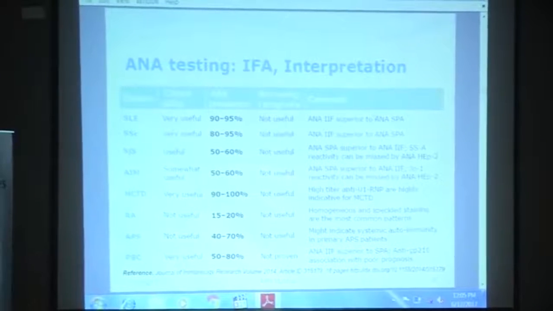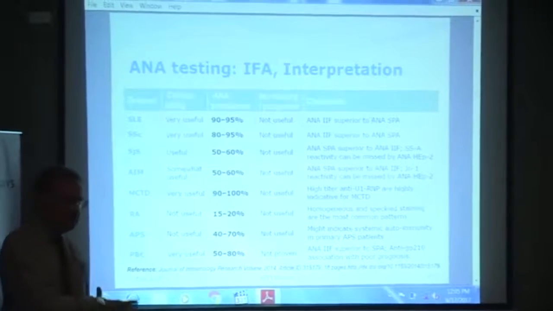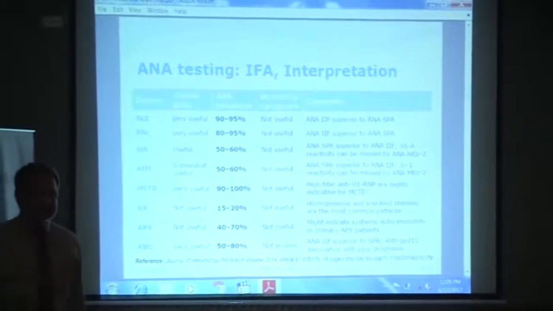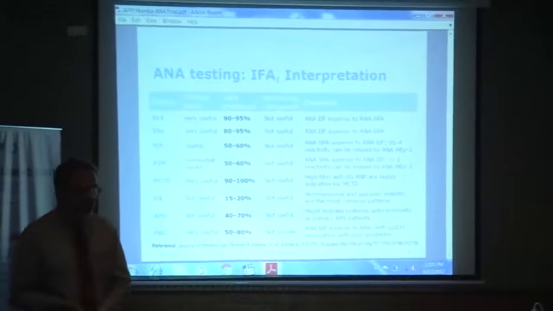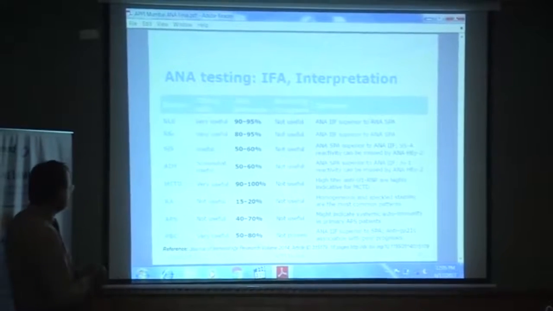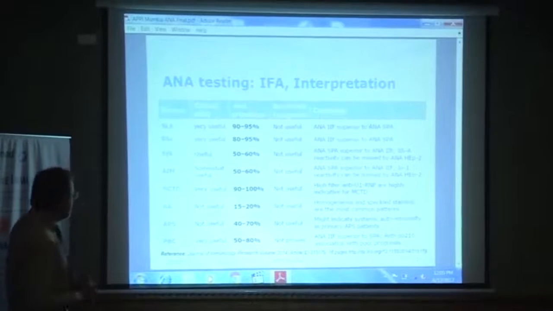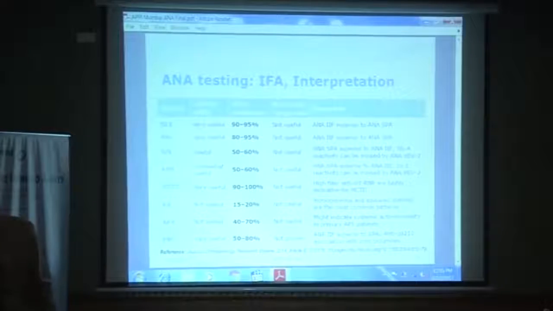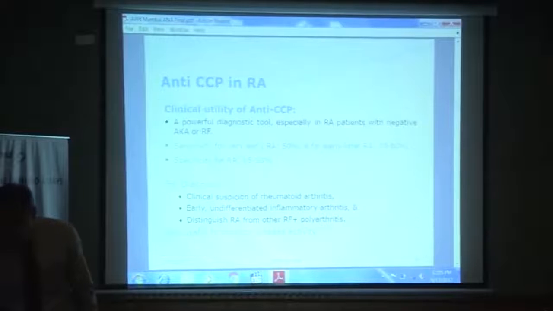Now, for most of the tests, it cannot be used. The general statement would be that ANA cannot be used for monitoring or prognosis of the disease. As we move on, I will elaborate more on that.